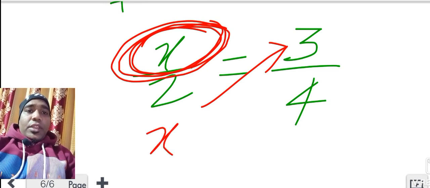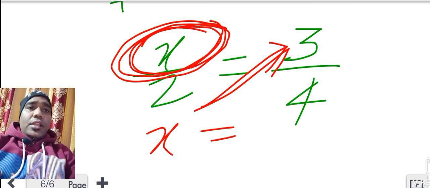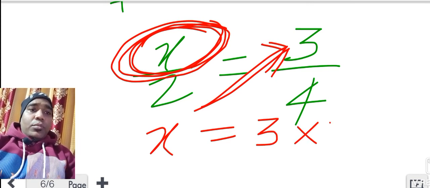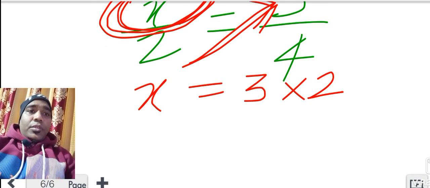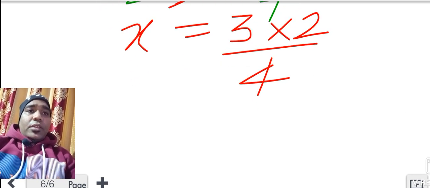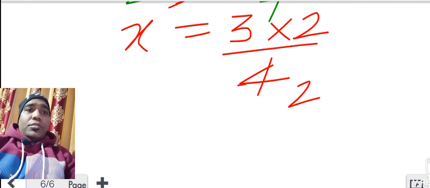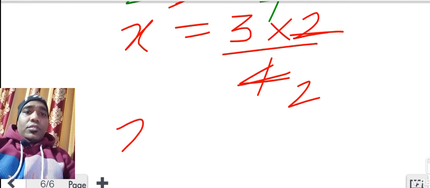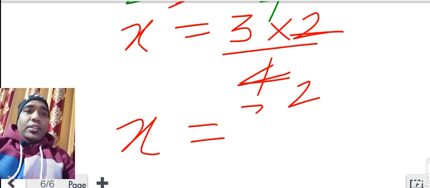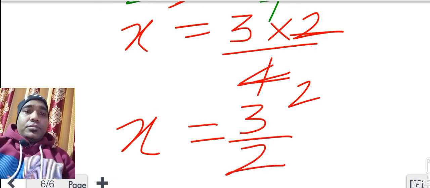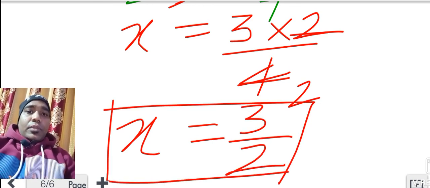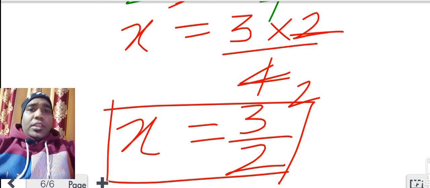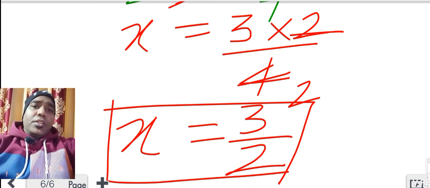So x will remain here only, and this 2 we have brought to this side. From the denominator it multiplies into the numerator, so 3 into 2 in the numerator, and 4 is already there. So this 2 and this 2 will be cancelled out. So the value of x we get is 3 by 2. So this was just an introduction to linear equations.